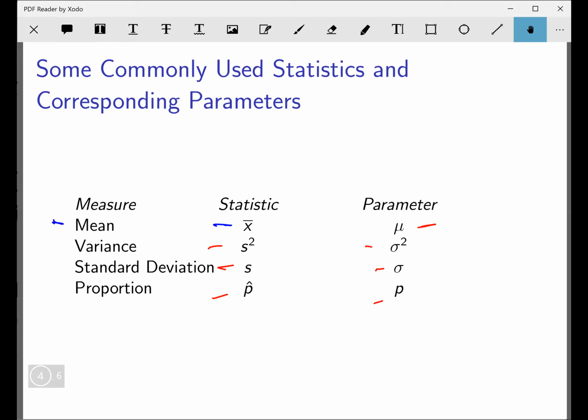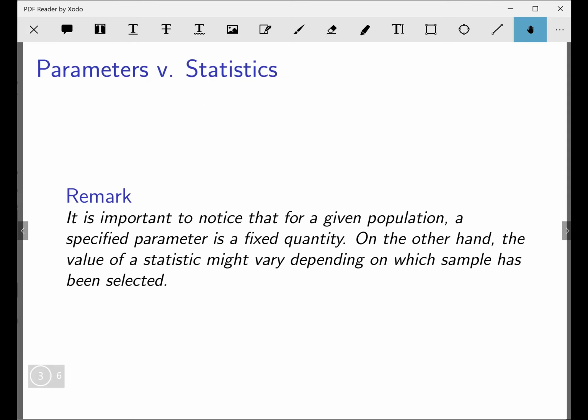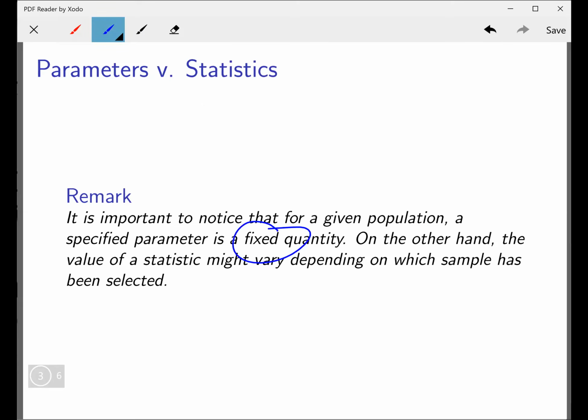So, well, why do we even have this field of statistics? Well, as you know, the population parameter is fixed. It is a number that does not change. If I want to know the height of all Lee students, that height doesn't change.